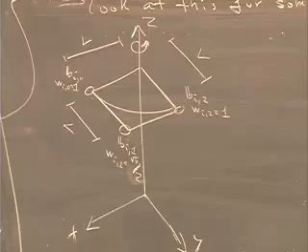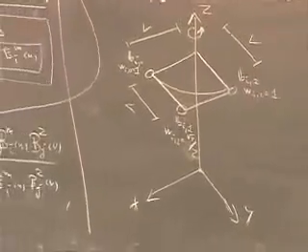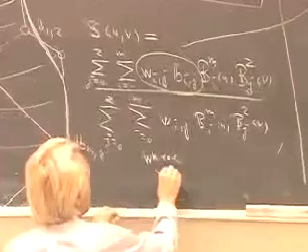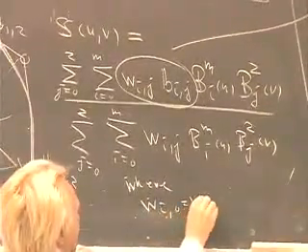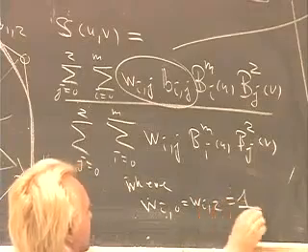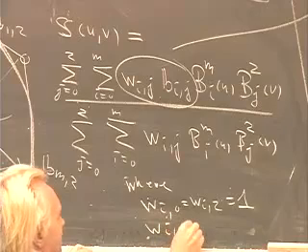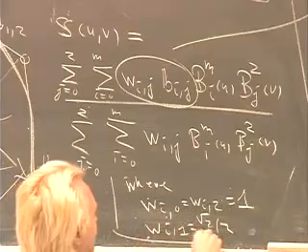So I can say now where weight wi0 equals weight wi2 equals 1, and all the interior weights, weight wi1, equals square root 2 over 2. That's the condition for the weights.